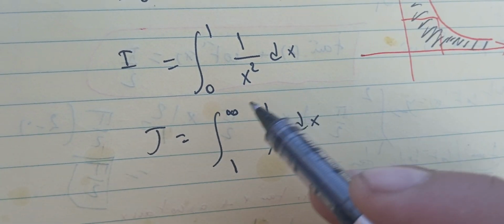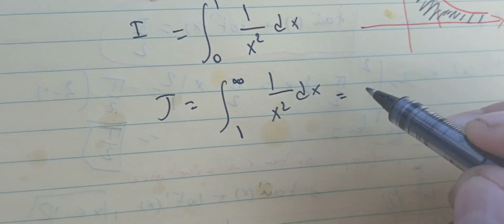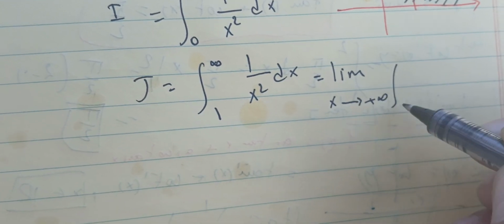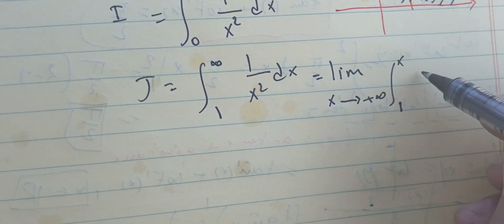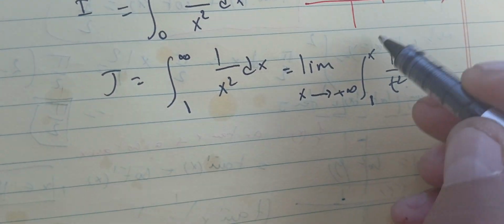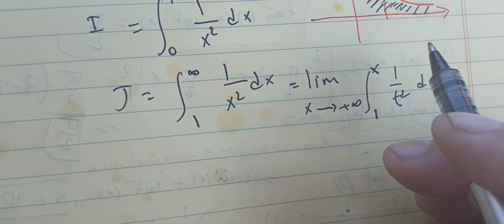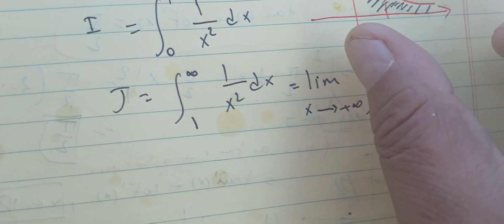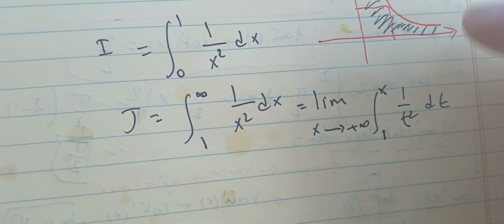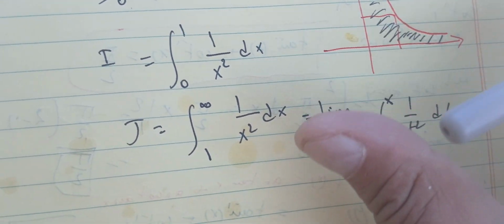J is easier because we can define it as the limit as x goes to infinity of the integral between 1 and x of 1 over t squared dt. We integrate on a local interval, and after that we increase the interval.